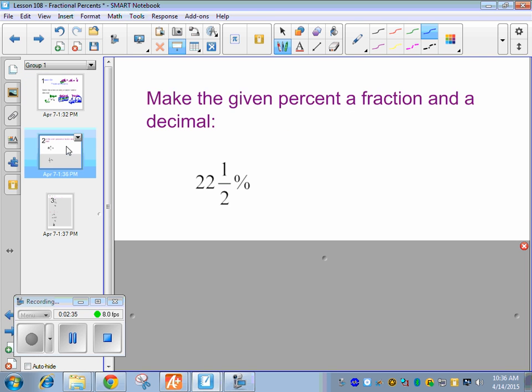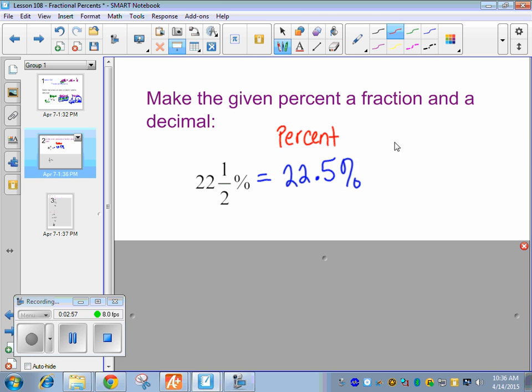All right? So let's try another one. Make the given percent a fraction and a decimal. So 22.5% is the same thing as 22.5%. Okay? This is still a percent.